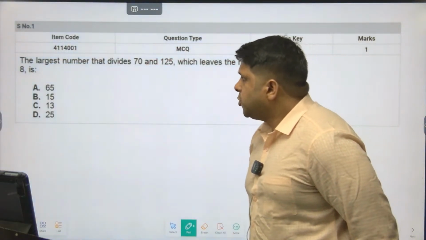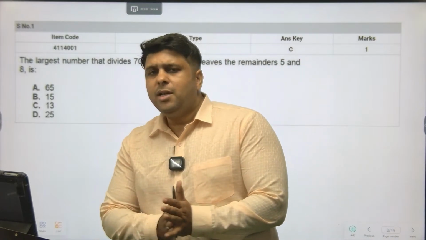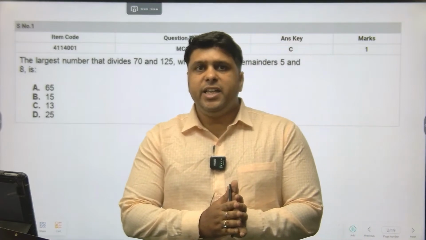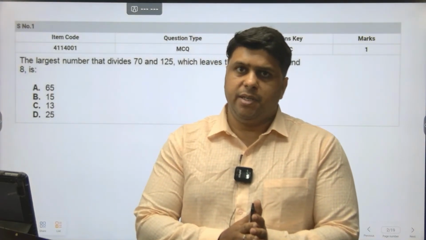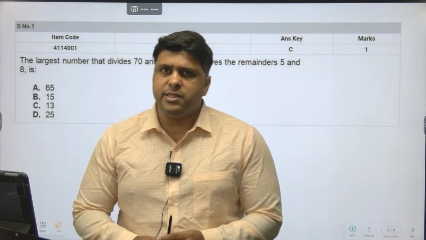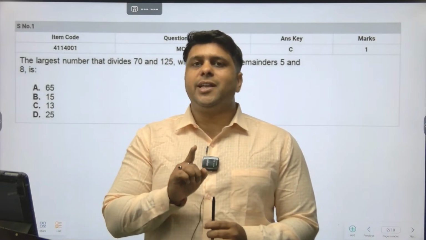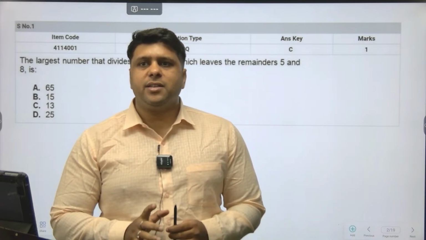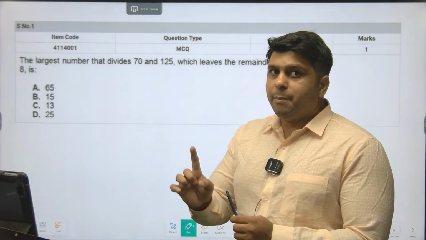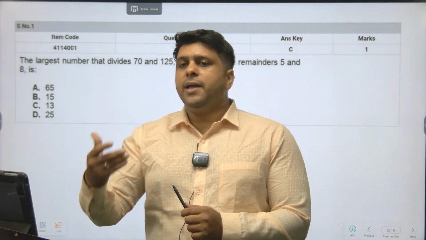So this is the first question which has come. The largest number that divides 70 and 125 and leaves the remainder 5 and 8 is... In this question you are supposed to find the HCF, but they have not directly asked you to find the HCF. First you have to find the numbers, then you have to find the HCF.